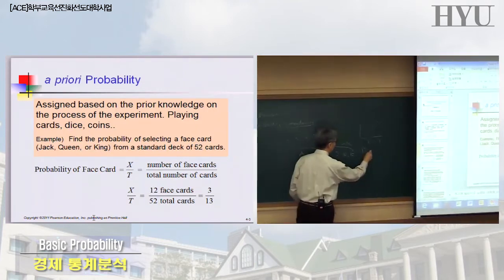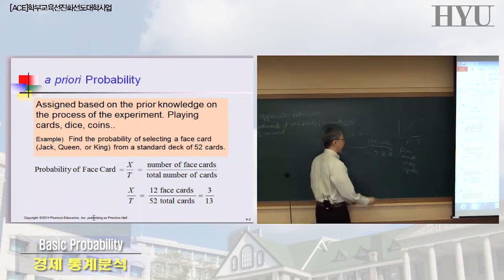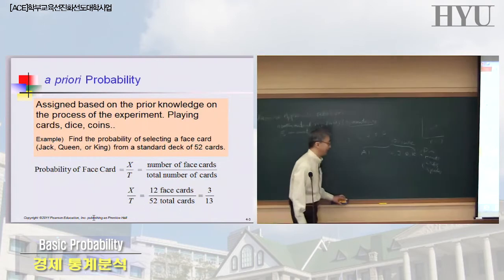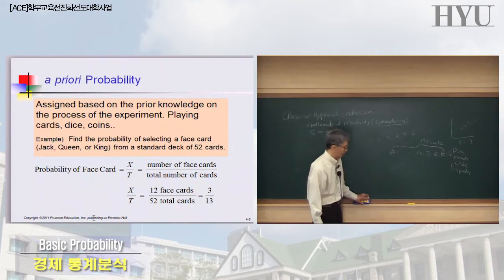Diamonds, hearts, clubs, and spades. These 2 are red, these 2 are black. So if you remember that, I guess you have the necessary knowledge about playing cards.